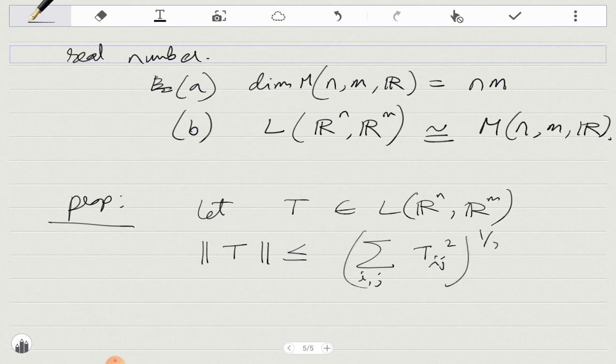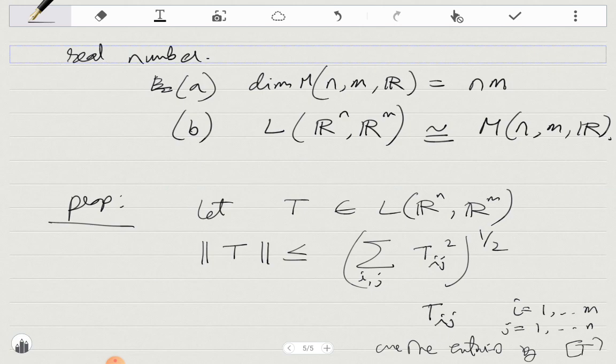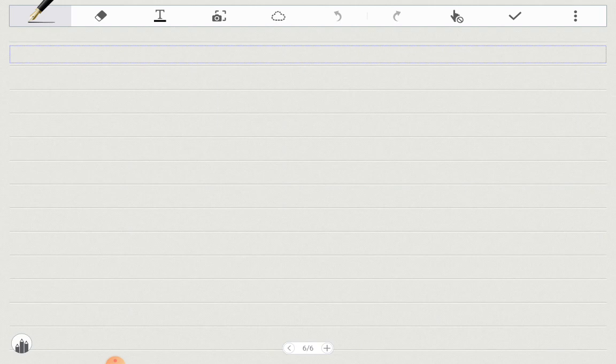Now, of course, this Tij is just the entries of this matrix, with i equal to 1 to m, j equal to 1 to n, the entries of the matrix corresponding to T. So let's quickly prove this.